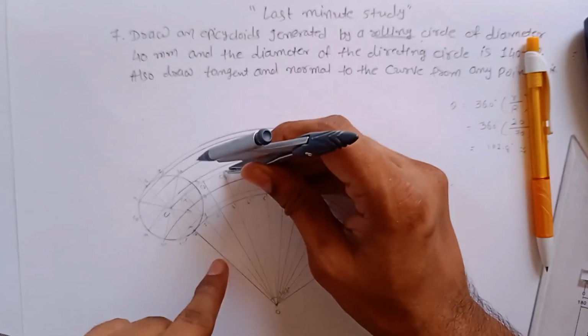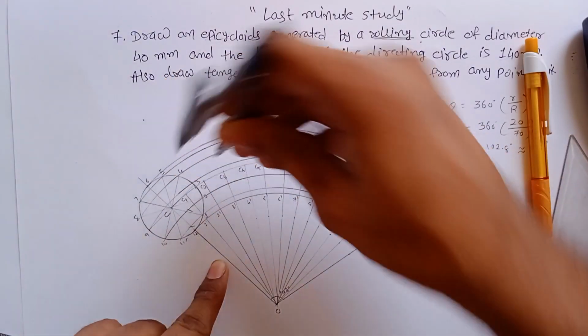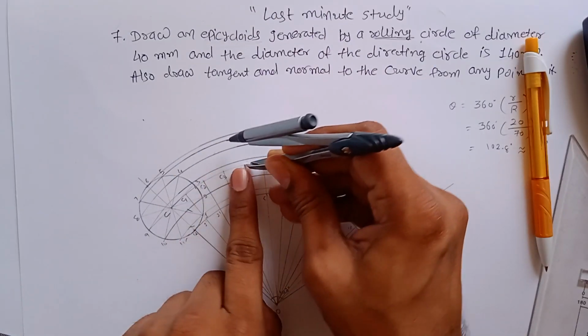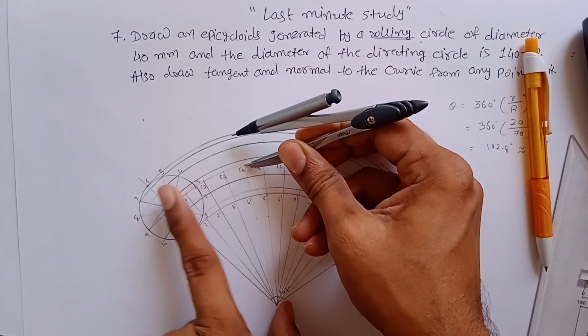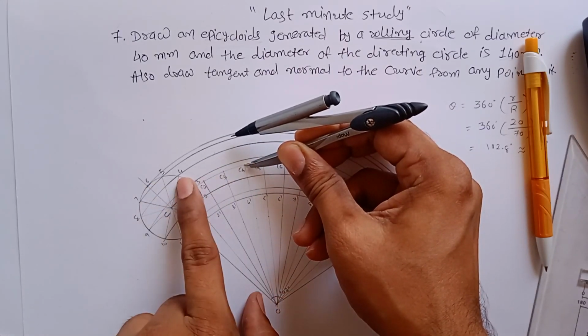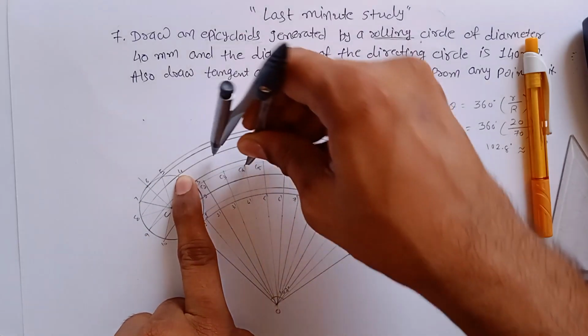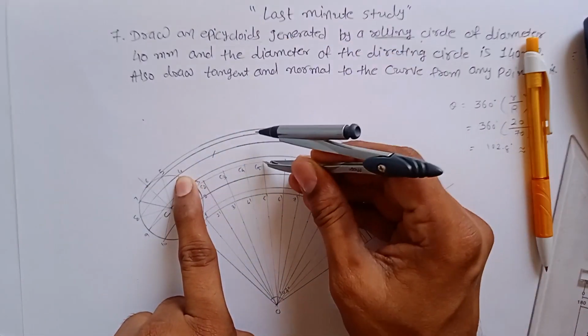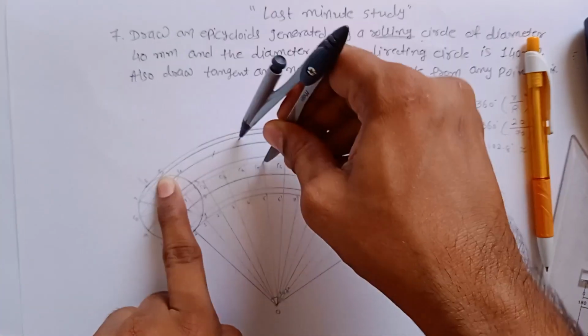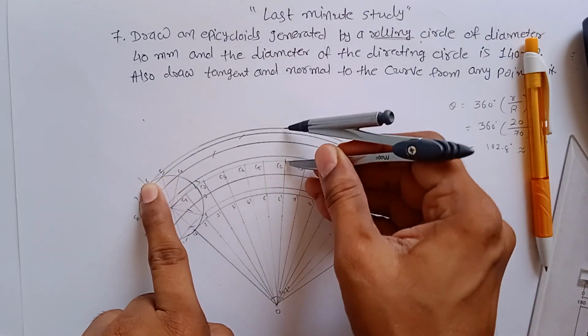Same way, C3, C4, put the pointer on C4 and make an arc on the line passing through 4. For 5, this is my arc. 6, the last one, is my arc.